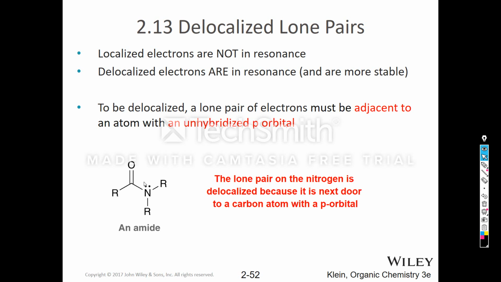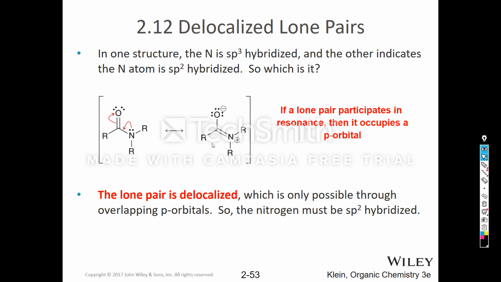Now the question is, what kind of hybridization should we assign to this nitrogen? Because it is clear that it is an sp2 in this situation, but this one looks like an sp3 in this form, and once you write a new form, you have a double bond on this nitrogen, and that looks like an sp2 hybridization. So if it's an sp3 here and an sp2 here, what are we going to call the hybridization in a resonance hybrid?